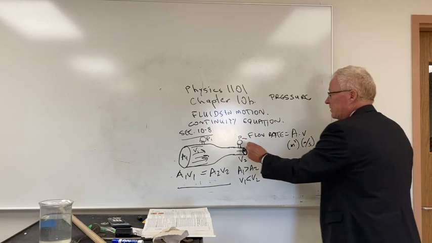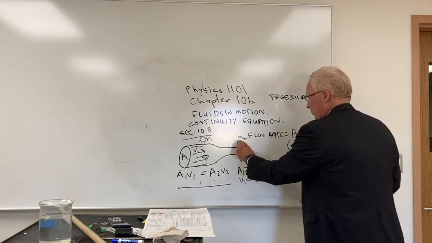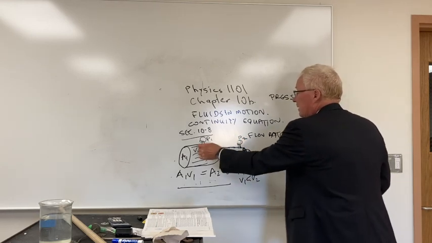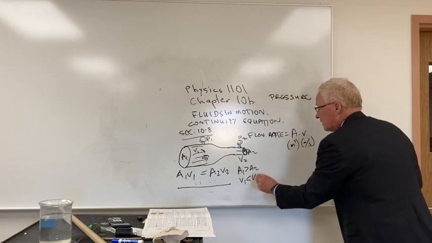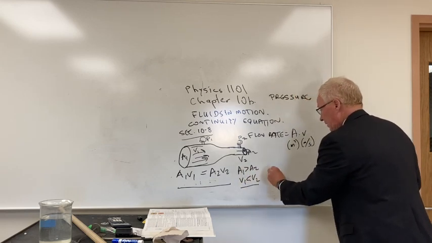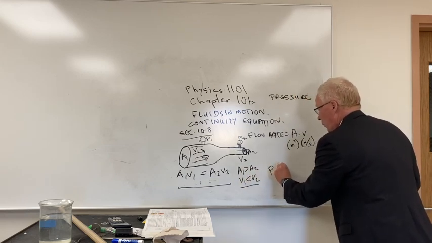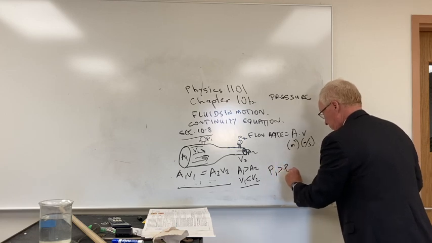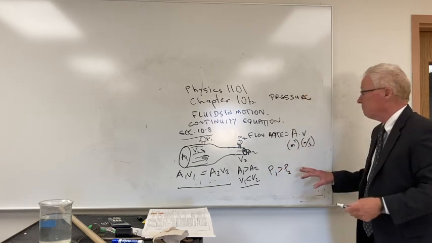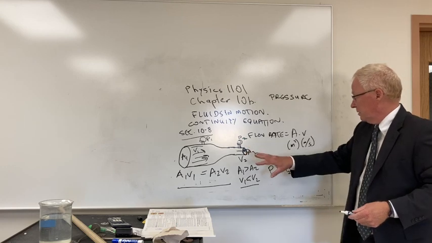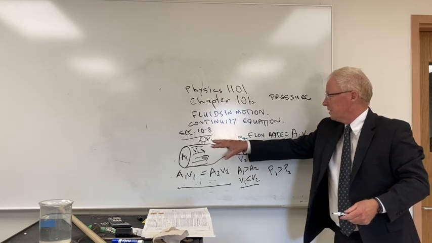So in this case, P2 is measuring the pressure as it passes by. P1 is that case. If this is the case here, then P1 is going to be greater than P2. So the pressure here will be less than the pressure here.